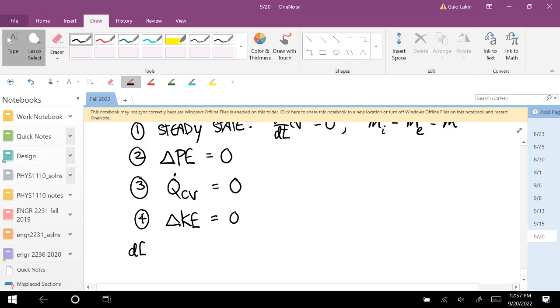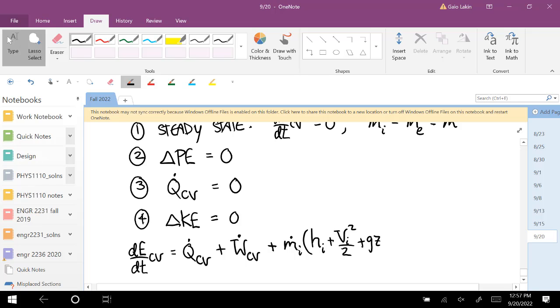Okay, so the equation, if we start with dE/dt, is equal to Q dot plus W dot plus m_i dot times the quantity h_i plus v_i squared over 2 plus g z_i, minus m_e dot times the quantity h_e plus v_e squared over 2 plus g z_e.